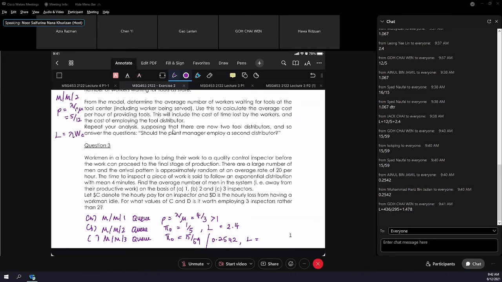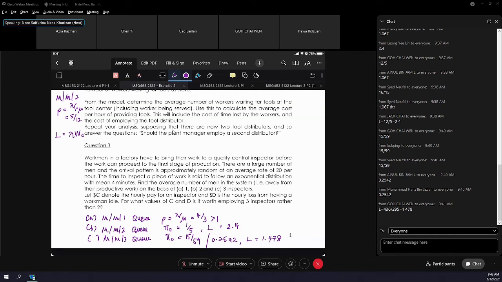Did anyone else get a different answer? Or if you have the same answer, you can type in the chat box. So for question C, M/M/3 queue, for your L, you should get 1.478. Thank you, Chai Wen, and the rest of you who have shared. So this should be the answer for your A, B, and C.